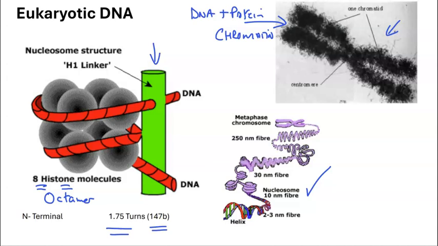The DNA actually interacts with the histone proteins. Overall, we can see that DNA, because of the phosphate groups, is generally negatively charged. The histone proteins, like all proteins, will have an N group at one end, the N terminal, and a C at the other one, and this N terminal becomes positively charged.